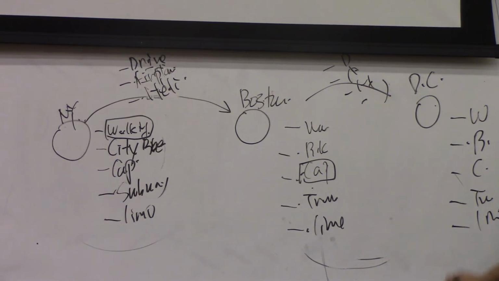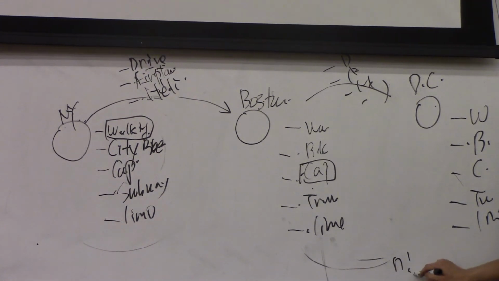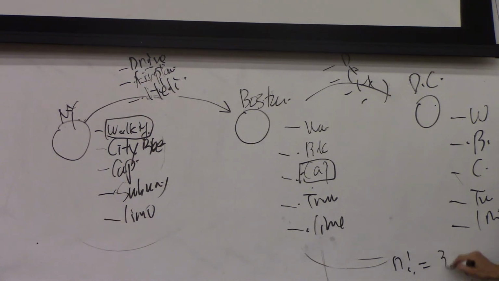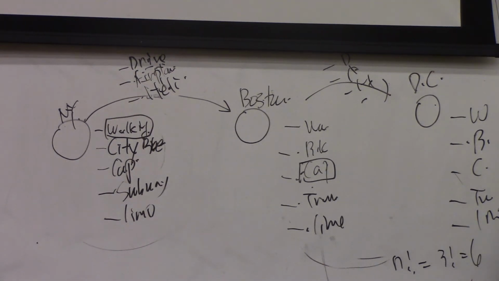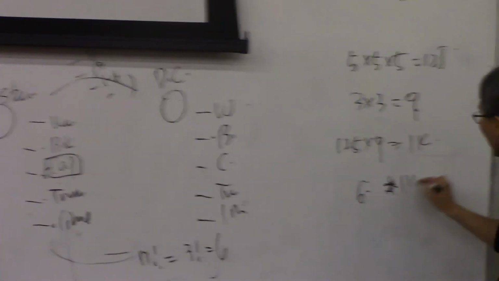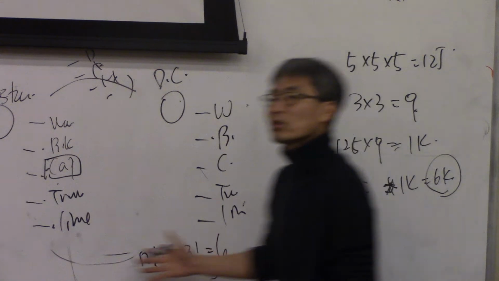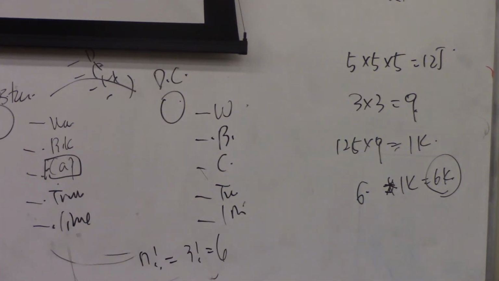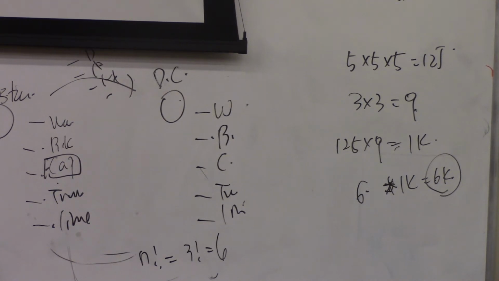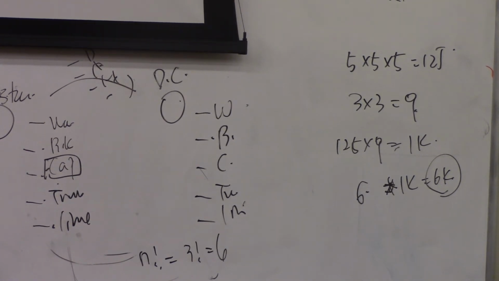It's an n factorial problem, right? So it's 3 factorial, 6. 6 times 1K, so when you travel 3 cities, it's already how many different ways? 6,000 different ways. So you need to select one of them to travel this Thanksgiving.